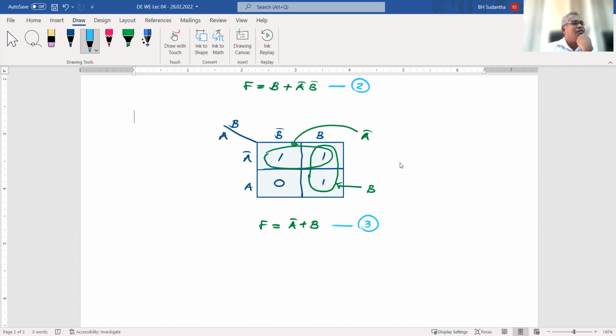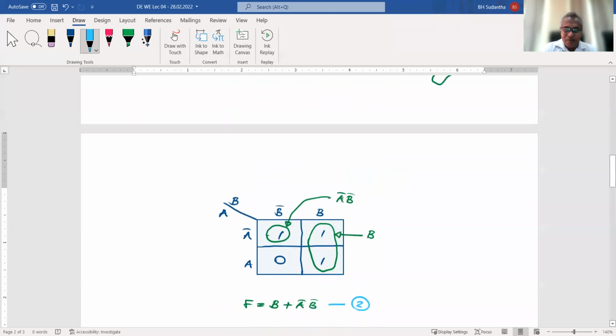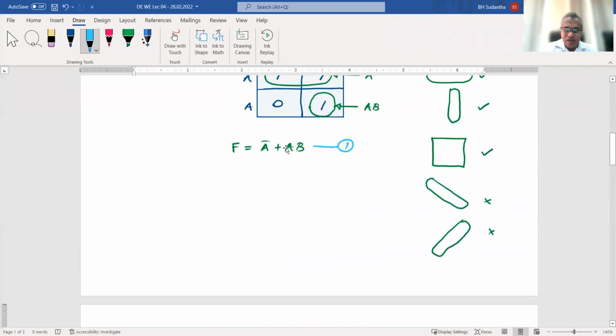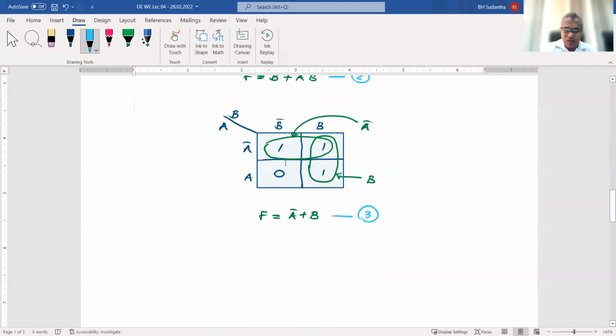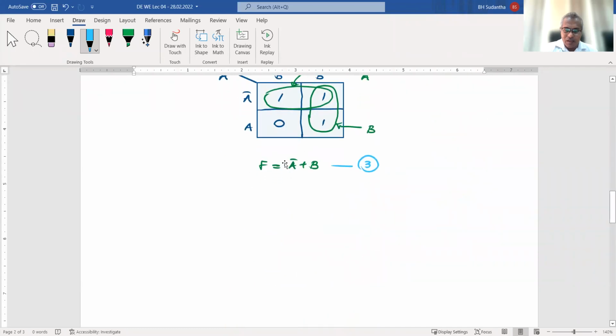I have 2 answers. One is saying third, the other one is saying first. Okay, for number 3 we have many votes. Actually, number 3 is good because here we need only A, B, and it's a more simplified version. You can see at number 3. Because of that, number 3 is the good one.